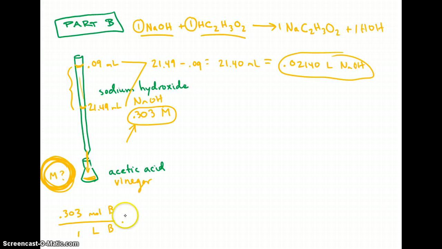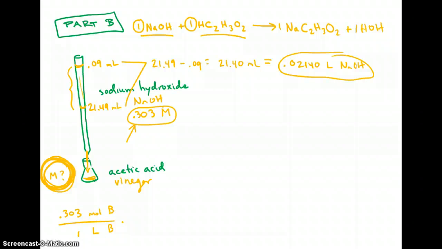I want to get from moles of base per liters of base to just moles of base. If I get it in just moles of base, not moles per liter, but just moles, I can go from moles of base to moles of acid. All right, I want to put myself in a situation where I can use the mole bridge. So I want to get rid of this liters of base in the denominator here. This is kind of the concept of like what's 5 over 2 times 2?